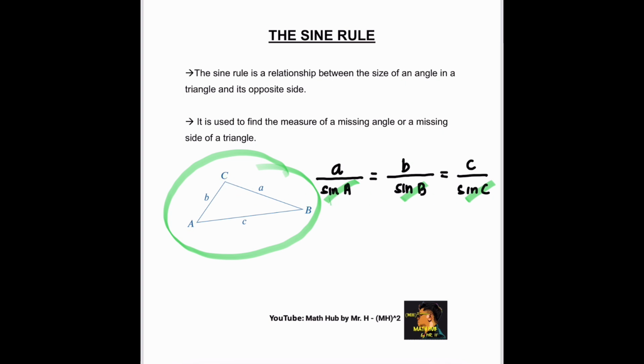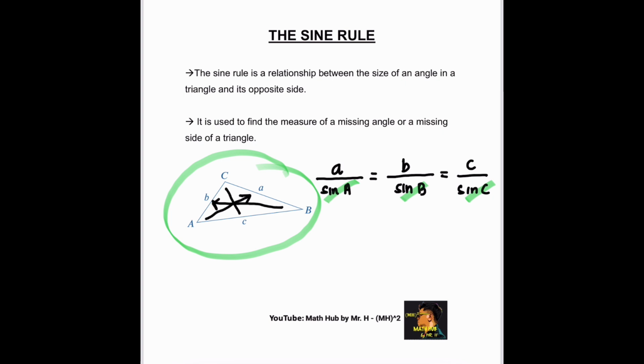So when you say sine A, we're referring to A as the measure of the angle. From this formula, you have a divided by sine A, where a is the side opposite angle A. And then we have b divided by sine B, so they're opposites.